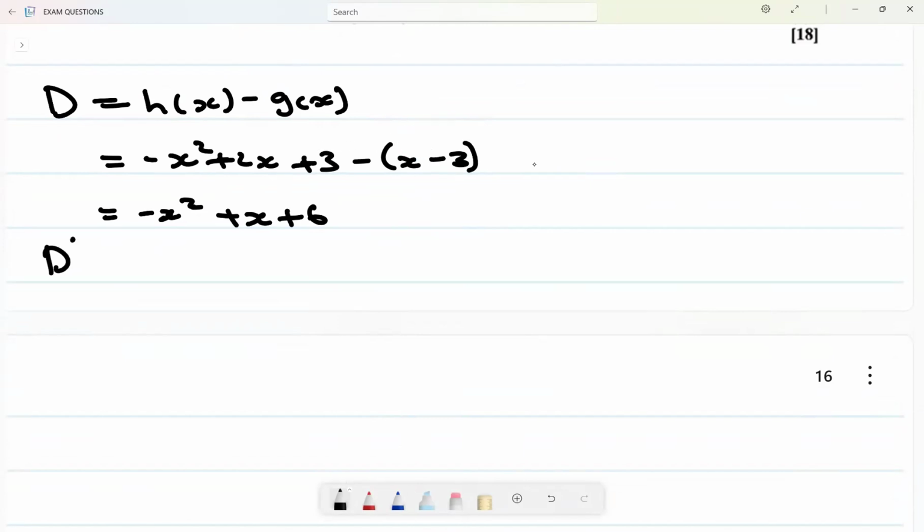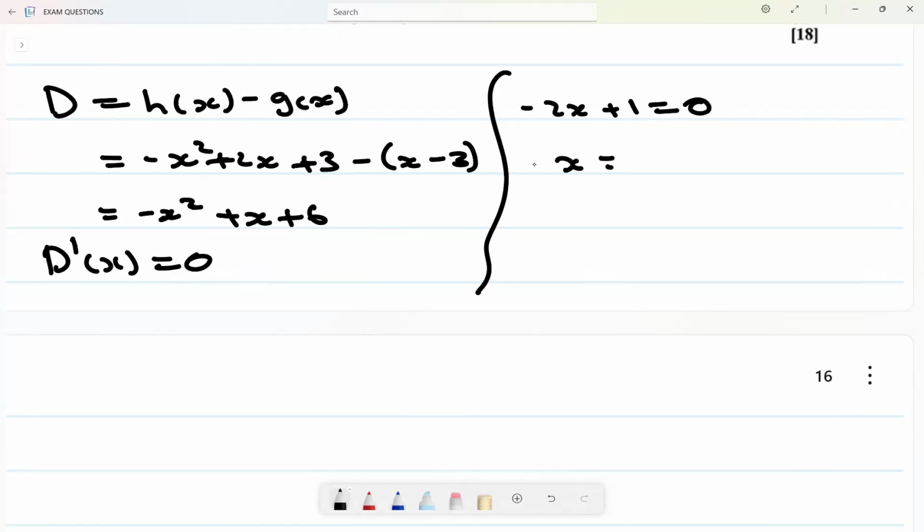And then find the derivative with respect to x and let it equal 0. The derivative is negative 2x plus 1, equal to 0. And then x is equal to half. And then substitute into d, you can say this is d of x, or just distance.